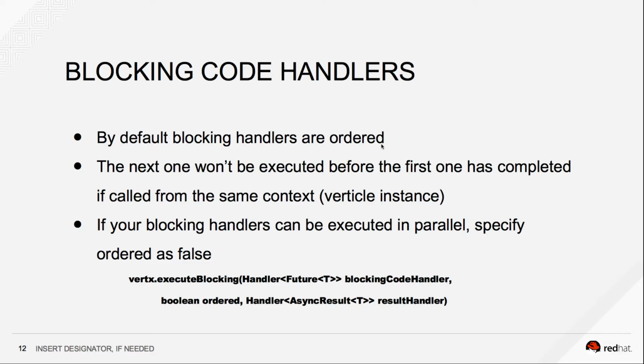As I said earlier, when you want to do a blocking call, spawn it off and use a thread to actually do it. So you have to call the executeBlocking API. You provide the handler, and it will return you a result.